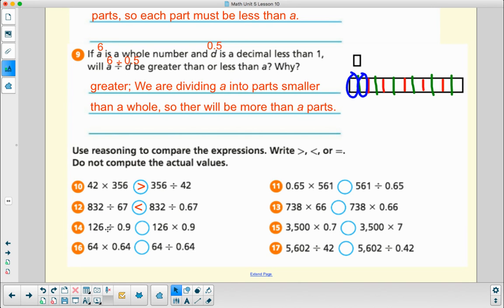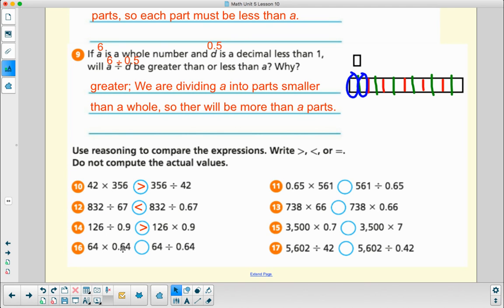Is taking 126 and dividing it by 9/10 greater than, less than, or equal to taking 126 and multiplying it by 9/10? It would be greater because when I'm dividing by 9/10, I'm seeing how many groups less than 1 are there, and there's going to be more than one group in each one of the 126, where here I'm taking less than one whole group of 126.